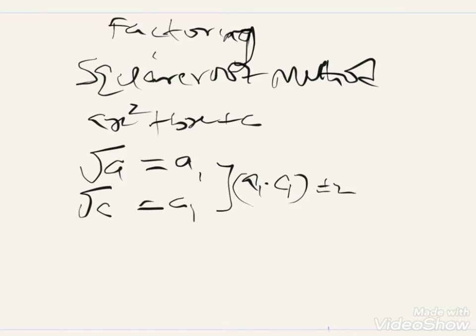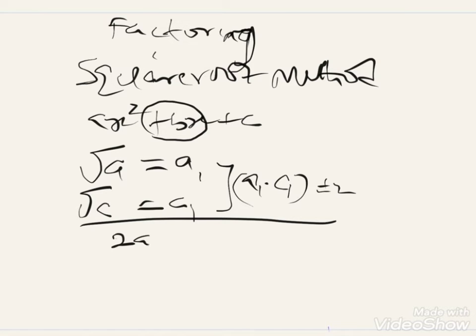plus or minus 2. So when are we multiplying by plus 2? It is based on the sign. If the sign here is plus, we shall multiply a1 and c1 by plus 2, to have plus 2 a1 c1, which must be equal to b.